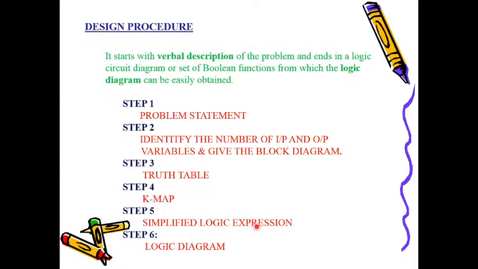From the logical expression, you can come out with a logic diagram. This is how you can implement any function or circuit where you want to perform a specific logic. So how many steps? From the statement, block diagram, truth table, K-map, and then logic diagram. Simply remember this.